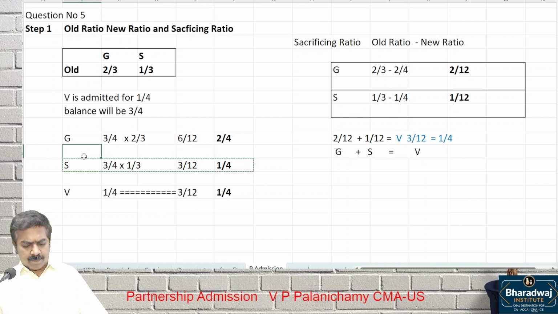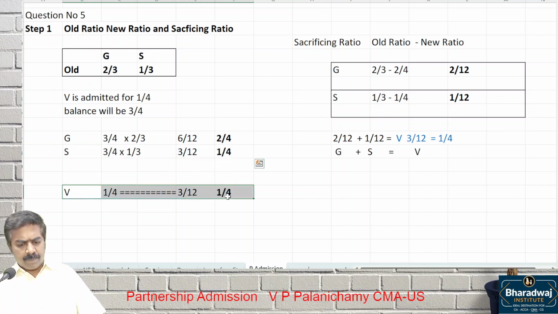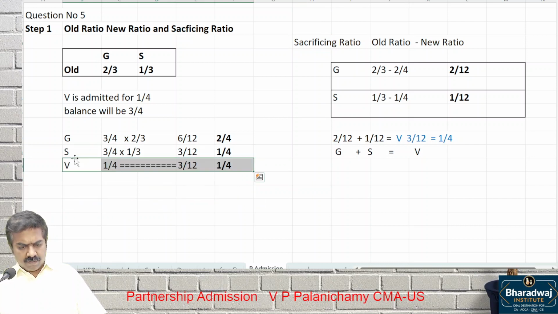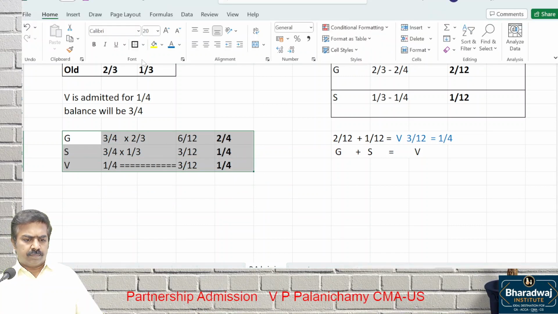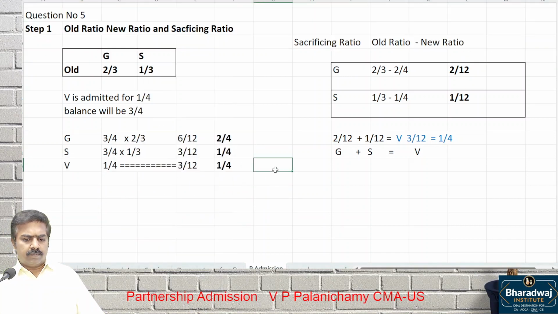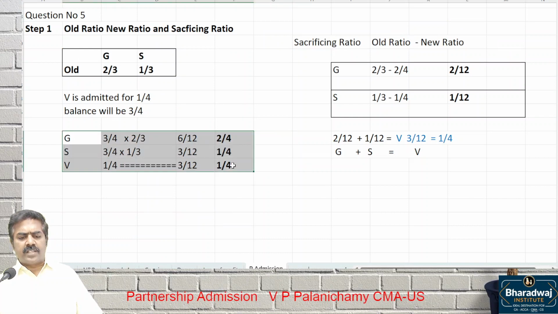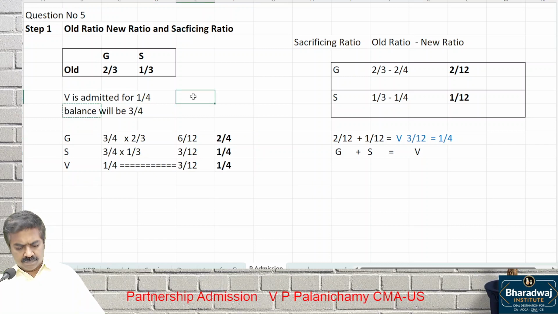This is the first step. What is the second step? Step 2: Goodwill. Which method are we going to follow?